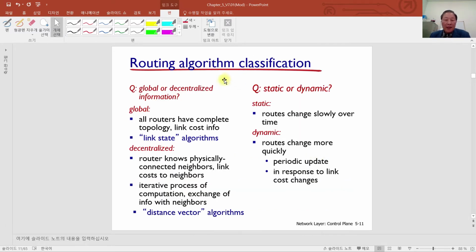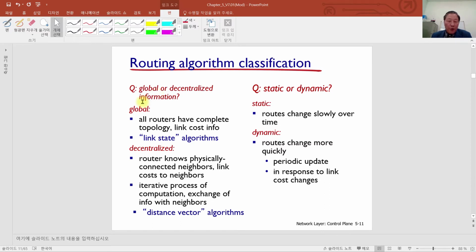Then we can think about some classification of the routing algorithm, because there may be different kinds of classification. Let's look at this one.